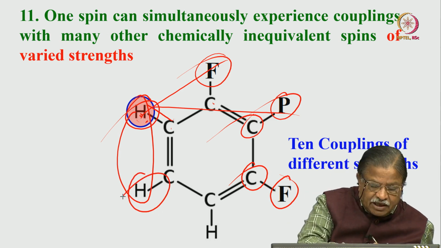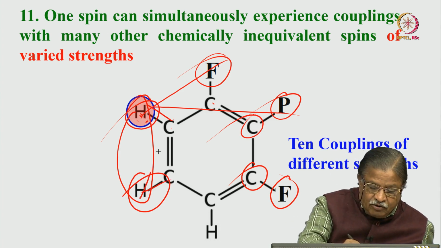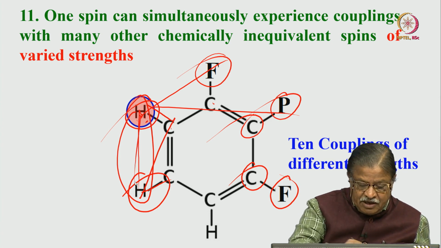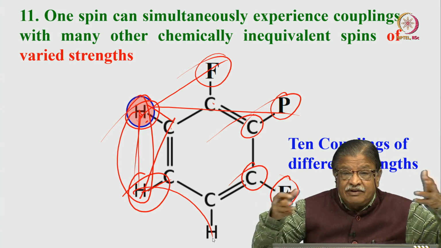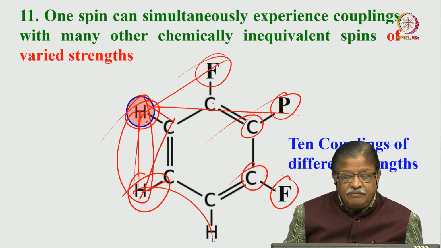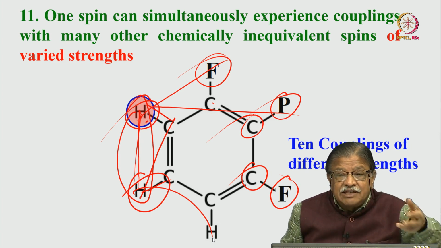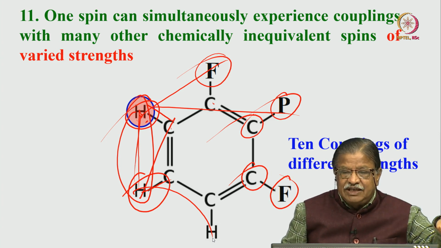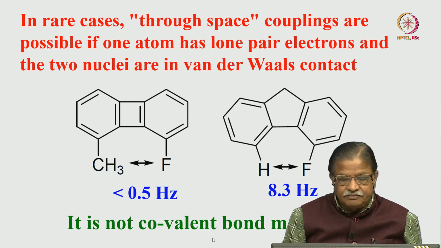Similarly, if you look at this proton, you can work out: 1 bond coupling here, 2 bond, 3 bond coupling with this, 2 bond, 3 bond coupling with this, 3 bond coupling with this proton. This can also have 10 different couplings. So, each spin in a given molecule can have n types of interactions with different nuclear spins, with the strengths also being different.